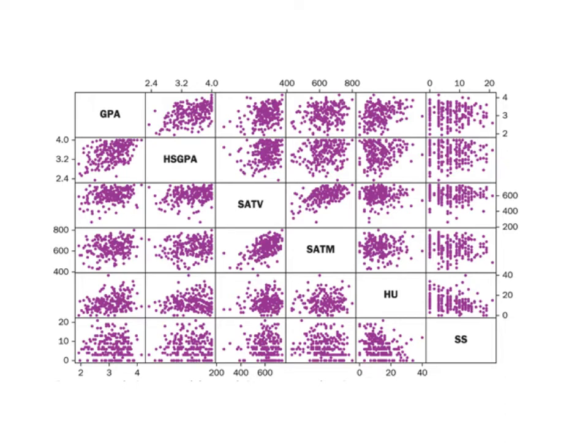Okay, before we get going, this side-by-side scatter plot is just showing how GPA relates to each of the quantitative variables. So you can maybe start to see which variables GPA has a positive or negative association with, and where it is strong or weak.